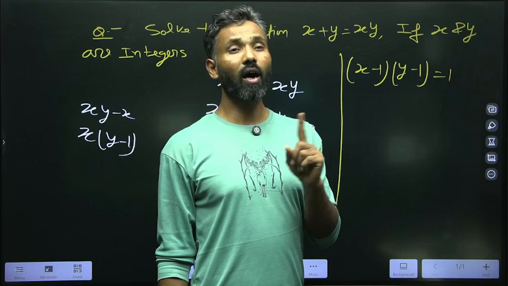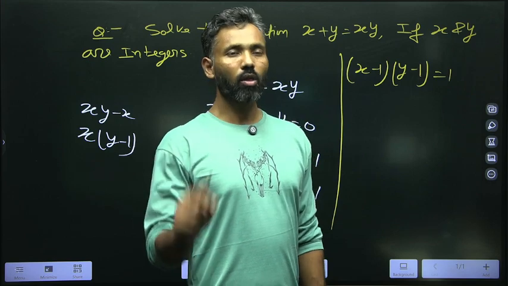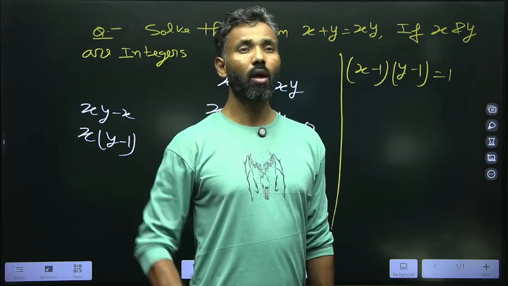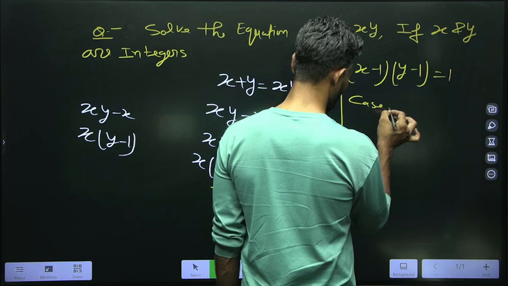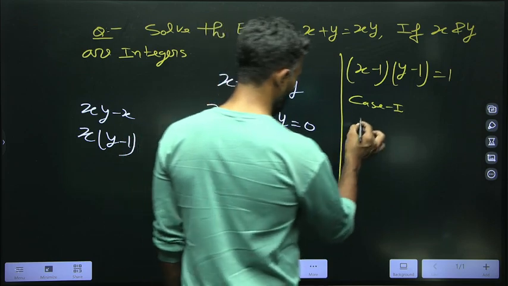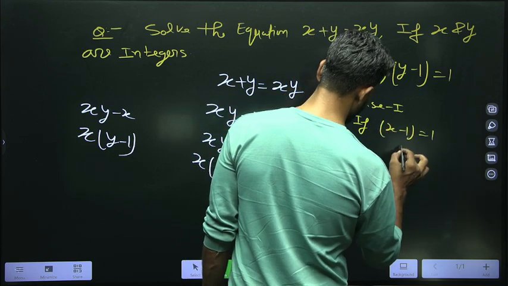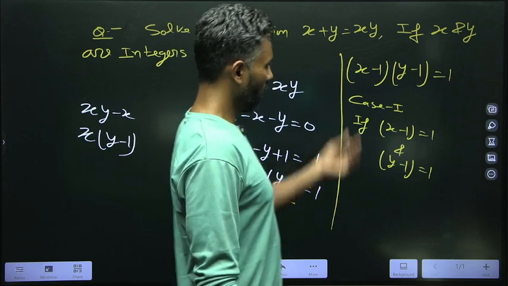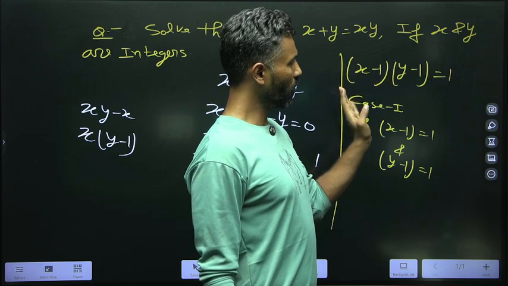So when x and y are integers and the product of these two terms is 1, it is only possible when the value of each term is either 1 or the value of each term is minus 1. So case first says that if x minus 1 equal to 1 and y minus 1 equal to 1, then the product of these two will be equal to 1.